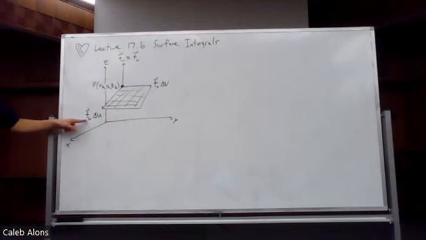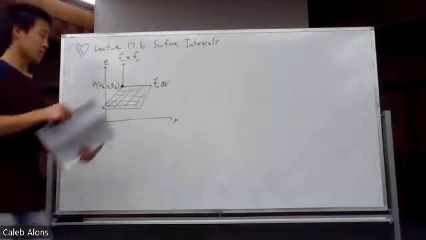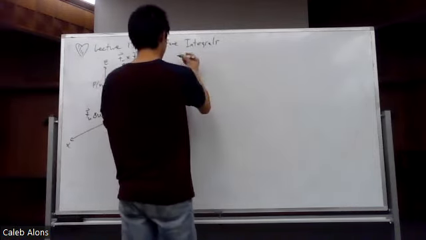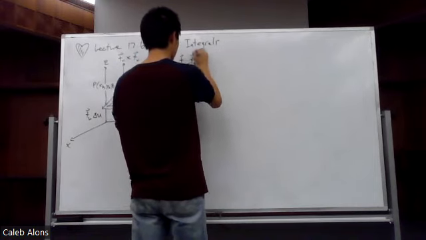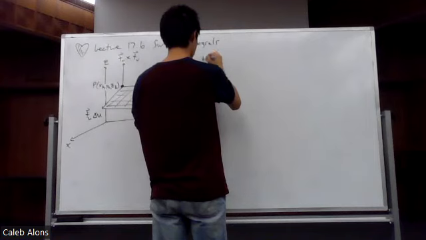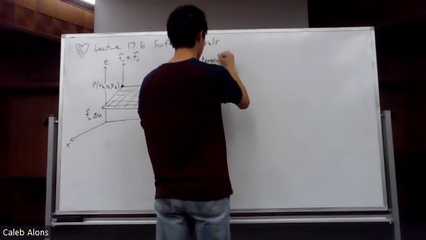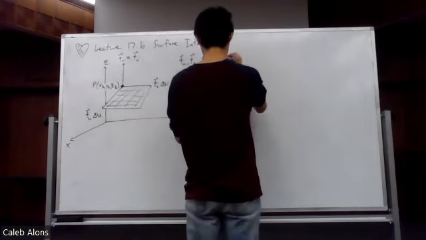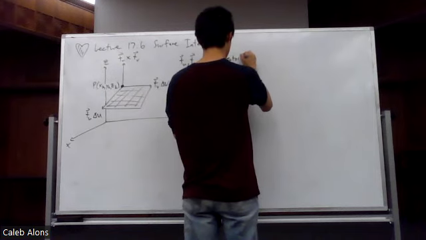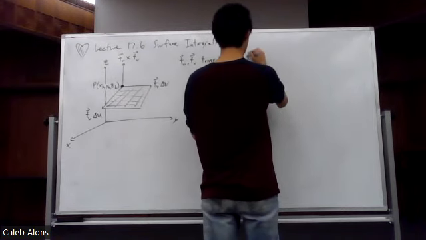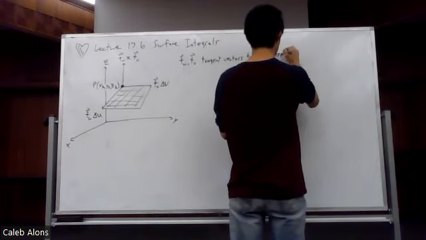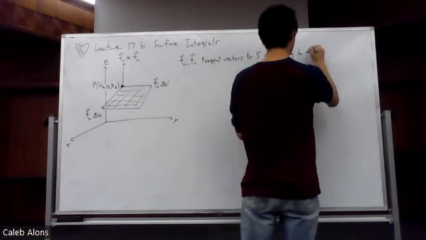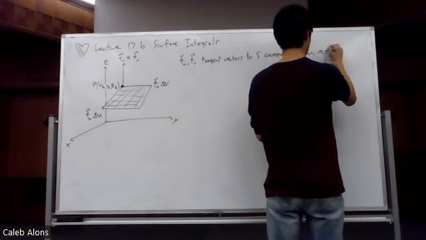Now let's actually talk about what I mean by T sub u as a vector, or T sub v as a vector. T sub u as a vector and T sub v as a vector, these are tangent vectors. Tangent, not unit tangent, just tangent vectors to the surface S, corresponding to u and v respectively.